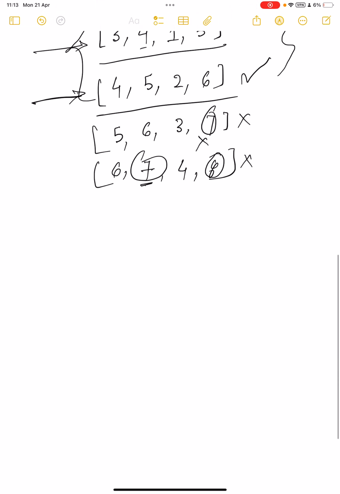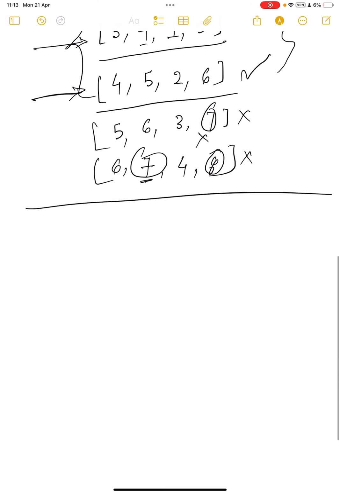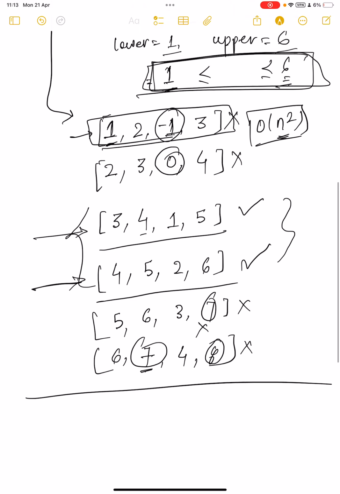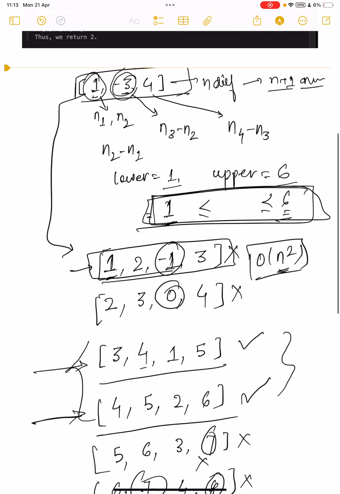So what we have to do now is try to optimize this. What you will see is, when we are forming these sequences, we are basically adding these numbers, right?